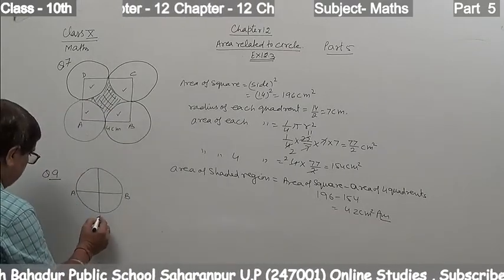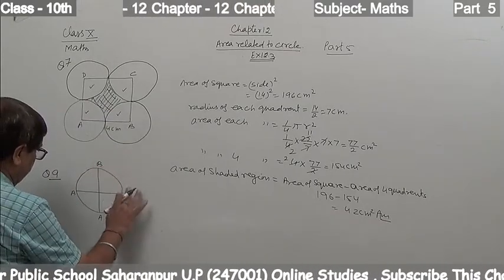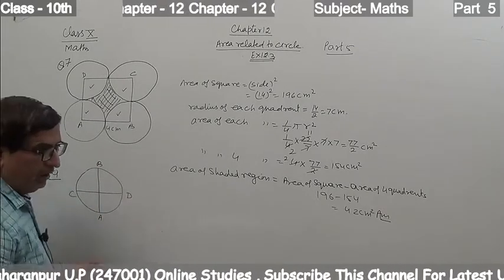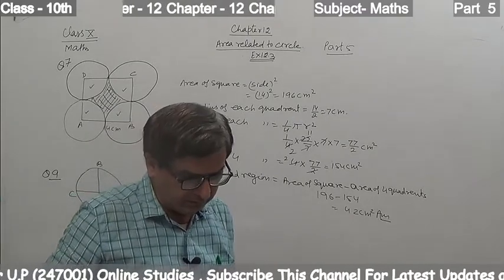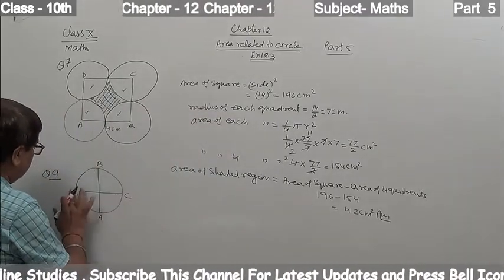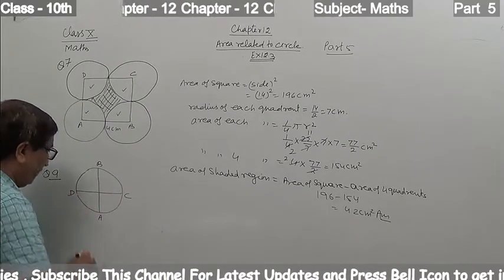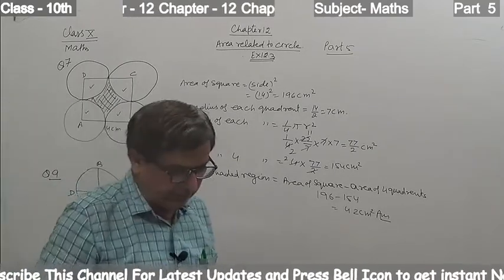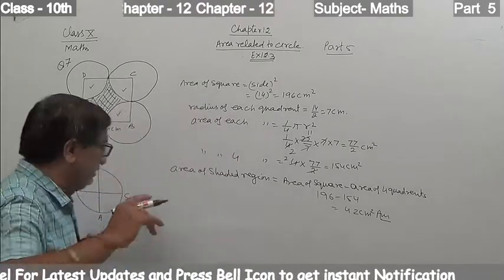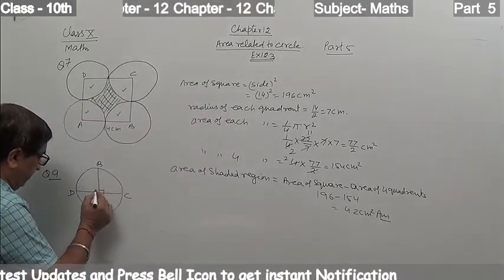C is this side. AB and CD are the 2 diameters which are perpendicular to each other. This is the 90 degree with center O.